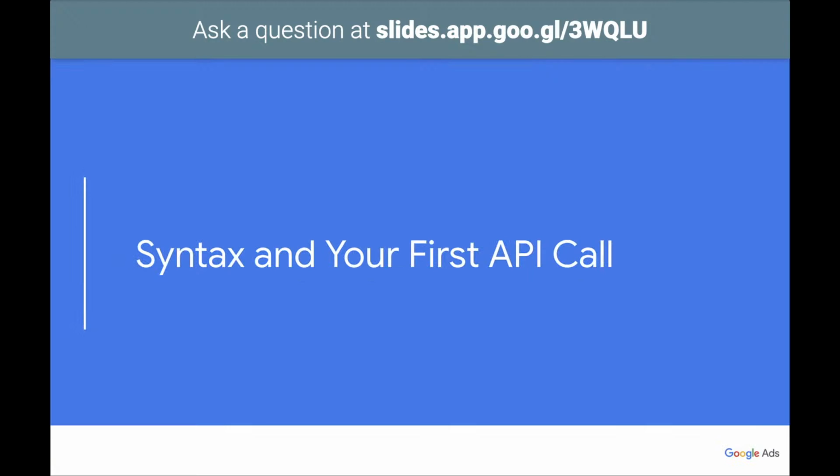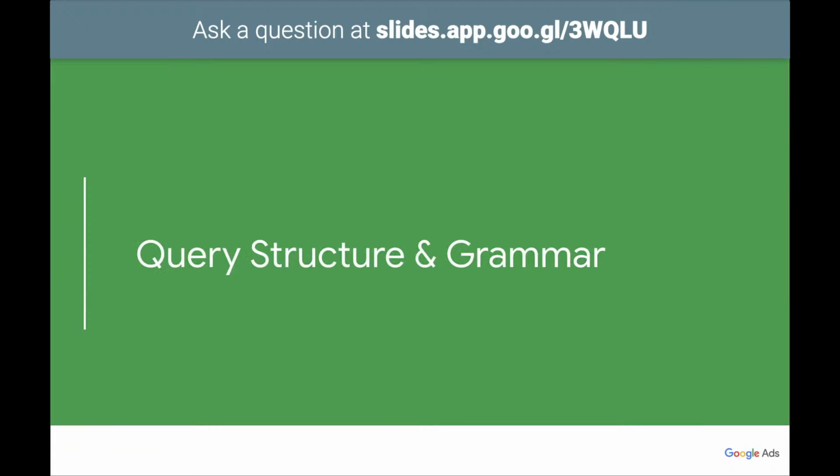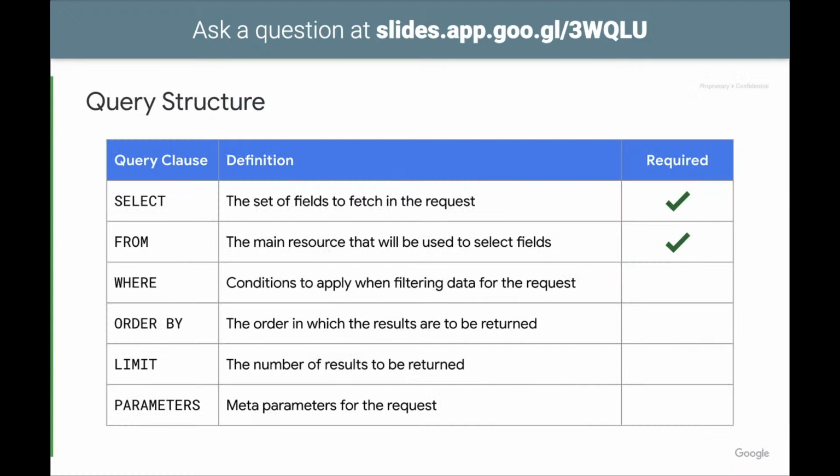All right, so now that we know a little bit about the methods that we would use in order to make a search or search stream request, let's talk about the query string that we would pass into those methods. We'll begin by talking about query structure and grammar.